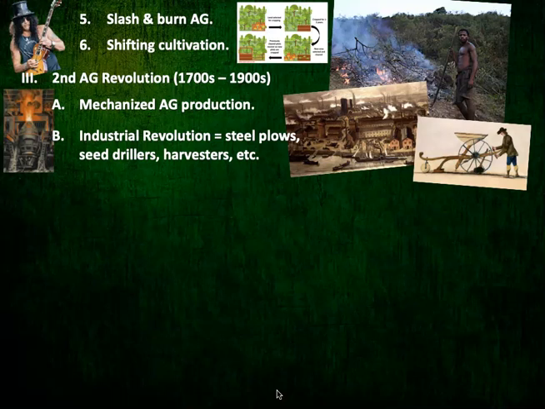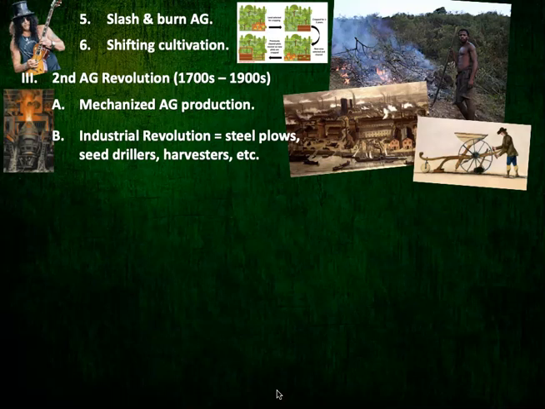The seed driller was a machine that would, instead of having to go through and hand poke holes in the ground and drop seeds in them, do the whole job for you. These little spokes would come down and make a hole. You could set it to 4 inches, 6 inches, and at the same time, it would drop a seed in that hole. So when it came planting time, boom, it could do the work of many, many men in a very short amount of time.